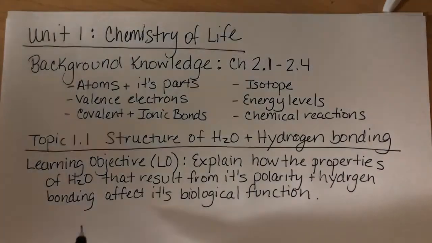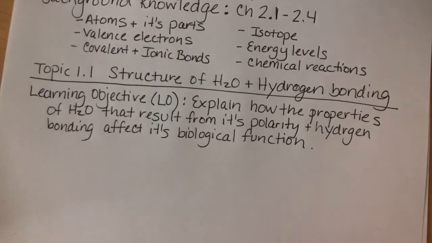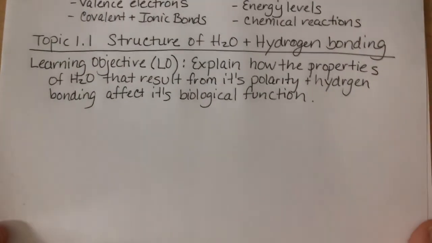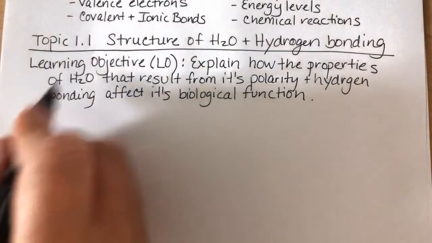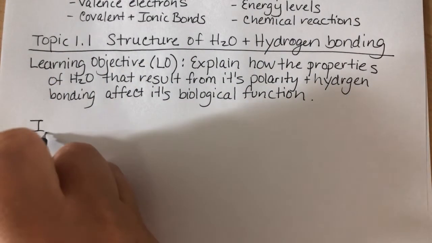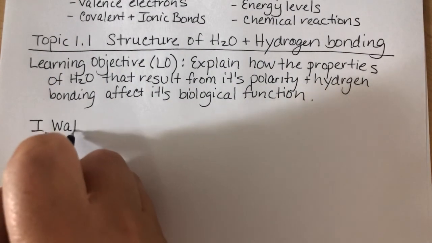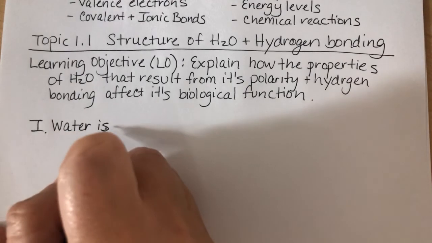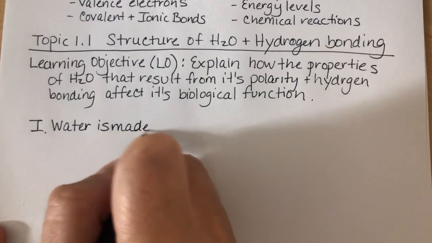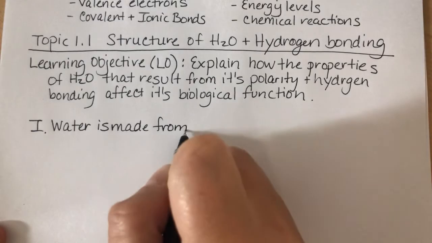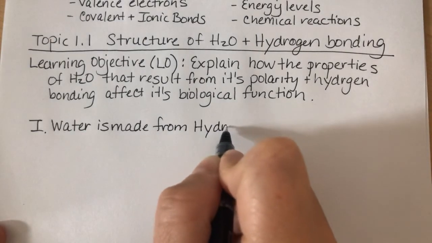All right, so let's look at our first thing about water. Let me move this up here. Underneath this topic, one, we should know that water is made from hydrogen and oxygen.